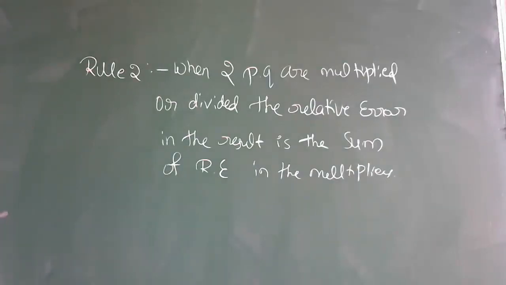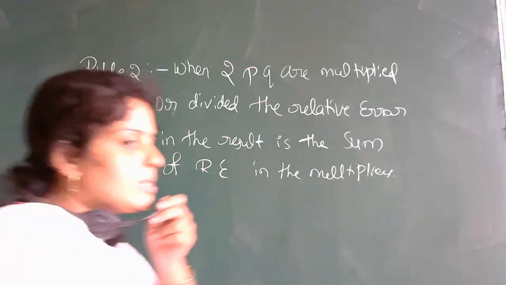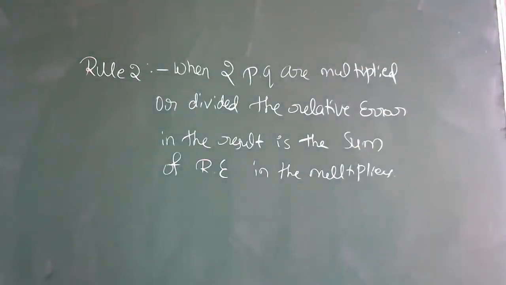So this is your second type of error, and again it is a simple one. If you understood the definitions of relative error and absolute error, then it is easy for you to understand.